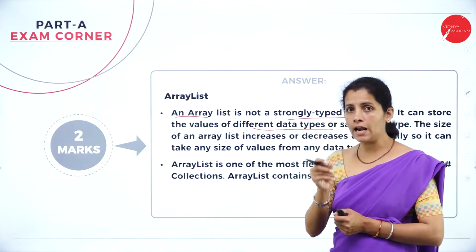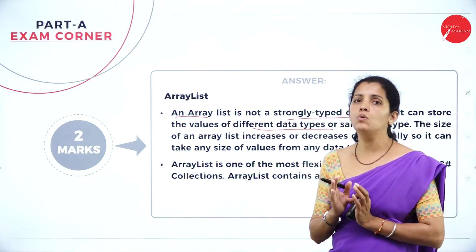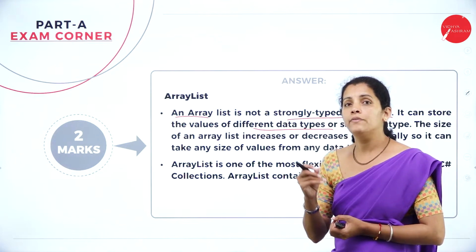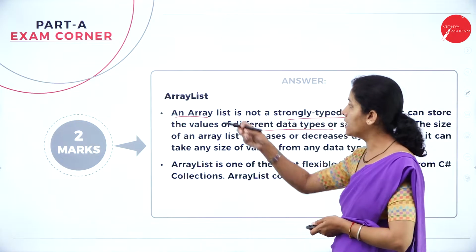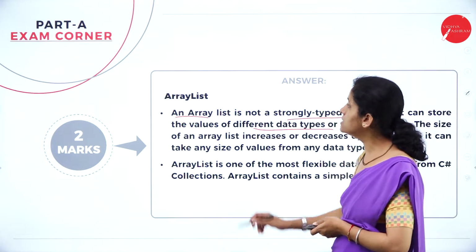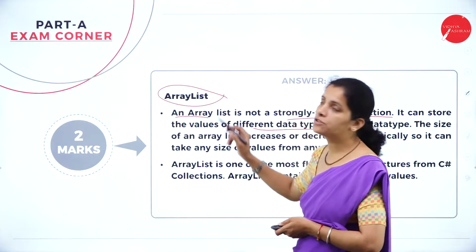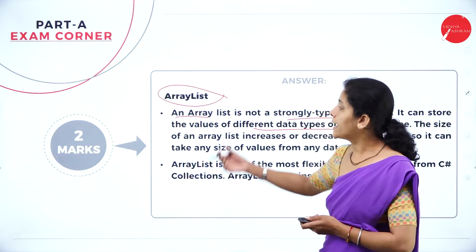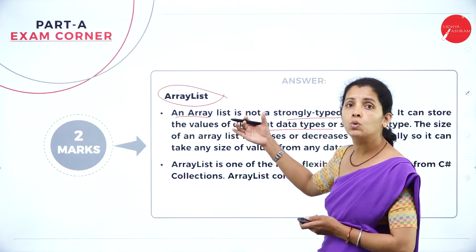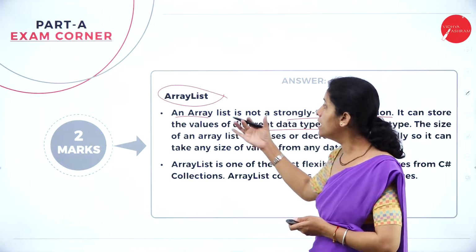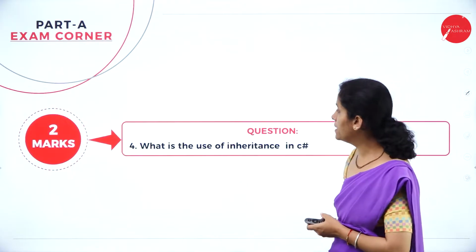If I consider an array, I can store only the same data type. And if I want to store different data types, then I can use an array list. So dear student, this is one of the advantages of C# programming. In the sense, I can store a group of different data types together in C# programming.